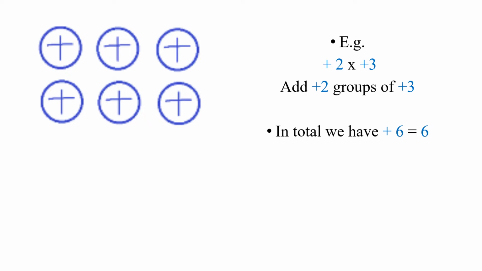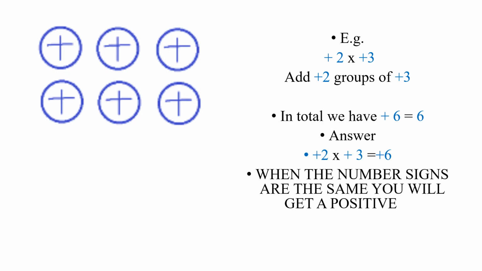Of course, positive 2 times positive 3 is plus 6. So what we see happening here is that we have 2 positive numbers multiplying together, and our answer is also positive. So it could be that when the number signs are the same, you will get a positive.